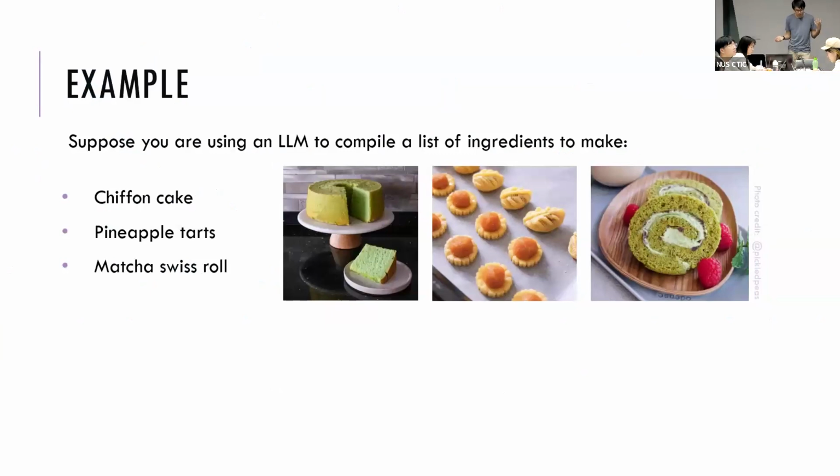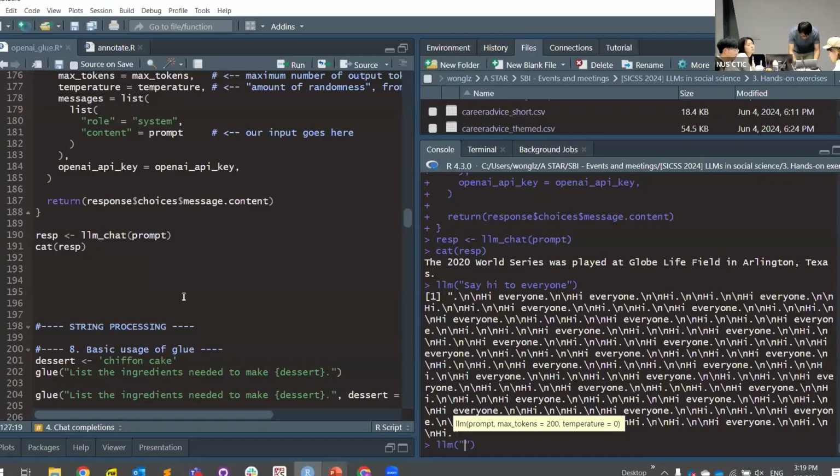Suppose you want to use an LLM to compile a list of ingredients to make different desserts. Let's just imagine: chiffon cake, pineapple tarts, matcha Swiss roll. And now you know how to use LLMs. Maybe your instinct is to go and say, LLM, what ingredients do I need to make chiffon cake?